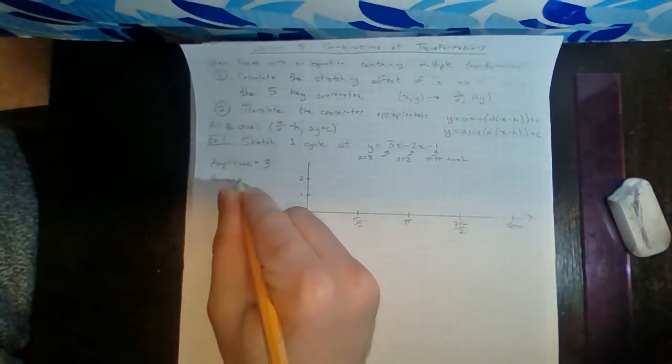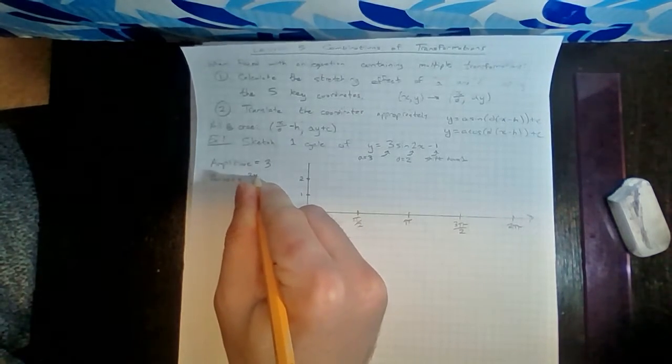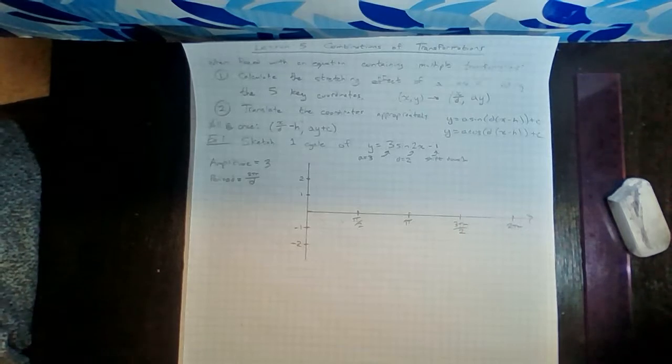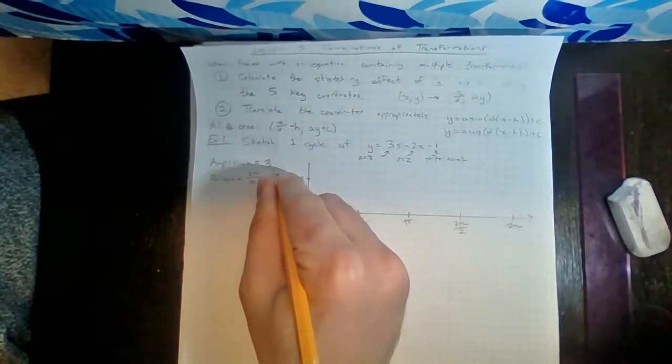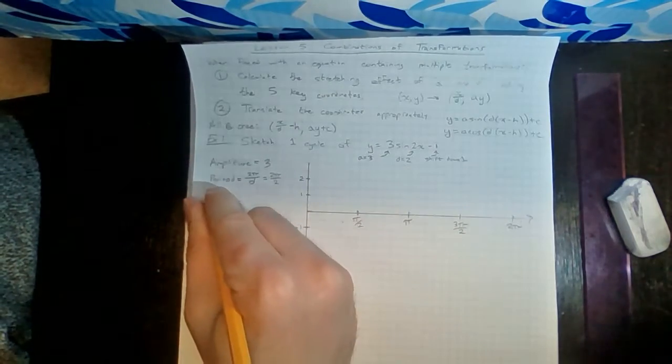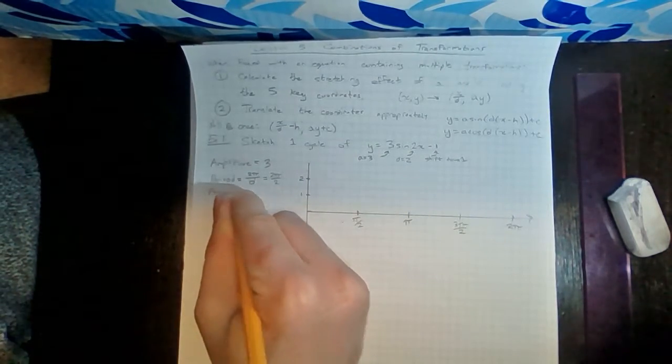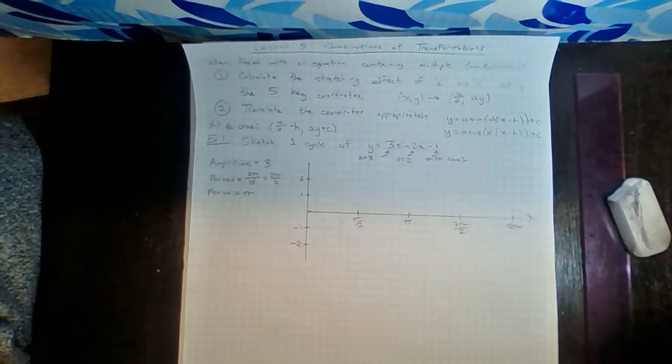And our period, we remember, is always 2 pi divided by whatever our d coefficient is. So in this case, it's 2. So 2 pi divided by 2. So that means our period is going to just equal pi. 2 pi divided by 2 is pi. So it's going to take only pi radians to complete one cycle.